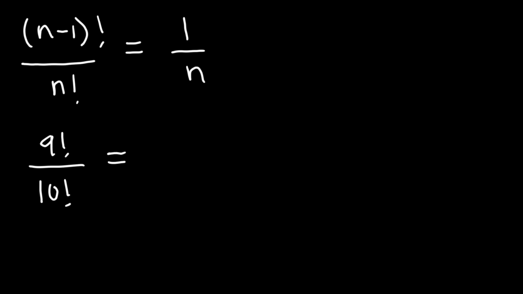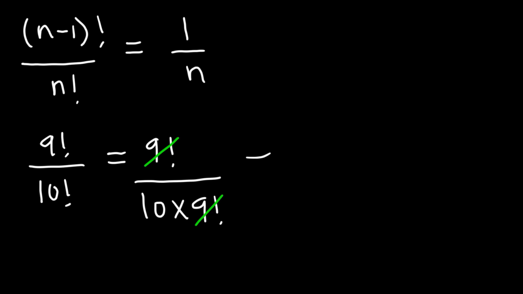So we shall leave 9 factorial the same, divided by 10 factorial, which is the same as 10 times 9 factorial. This will cancel with that, and so we shall remain with 1 divided by 10.